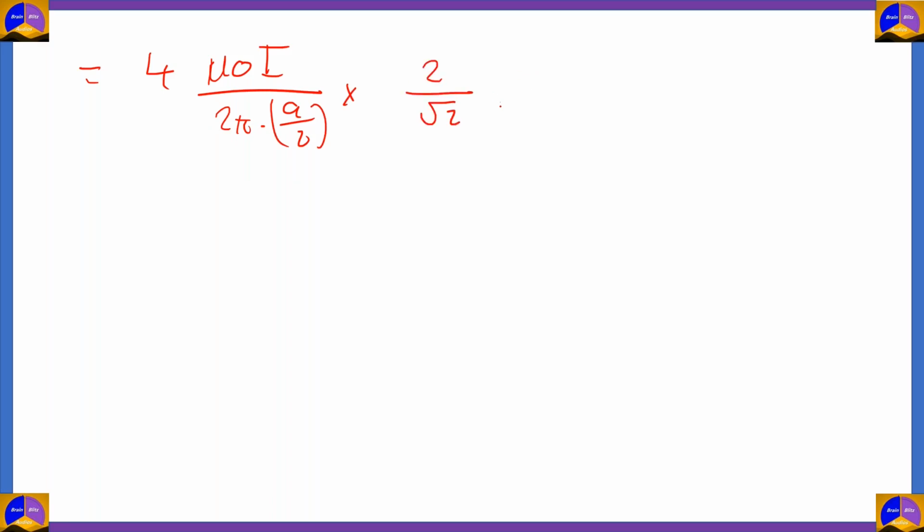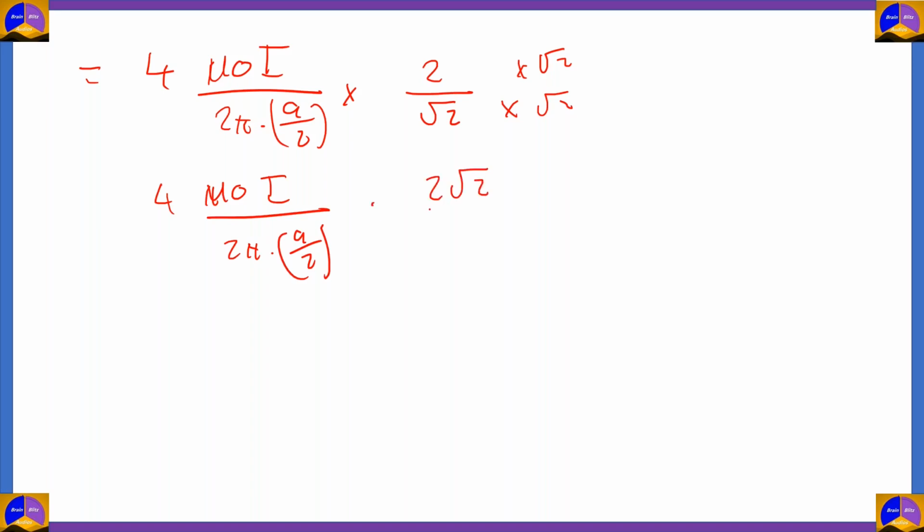So in order to solve this, let's multiply root 2 on both the numerator and the denominator. So we'll get 4 mu naught I divided by 2 pi times A by 2 times 2 root 2 divided by 2, which again becomes root 2.